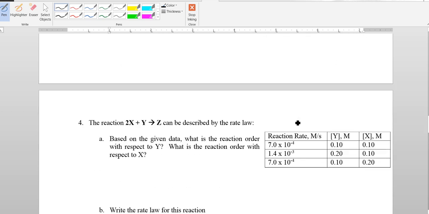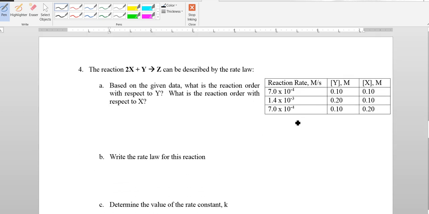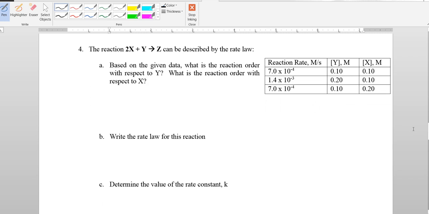And now let's take a look at problem number 4, which I got some questions on. So we've got a reaction here, we've got some data, and we can figure out the reaction order. Let's figure out the reaction orders for X and Y, my two reactants. If you compare the first and second data set, when X stays the same and Y doubles, the rate doubles.